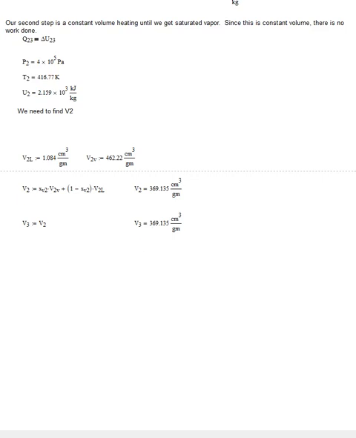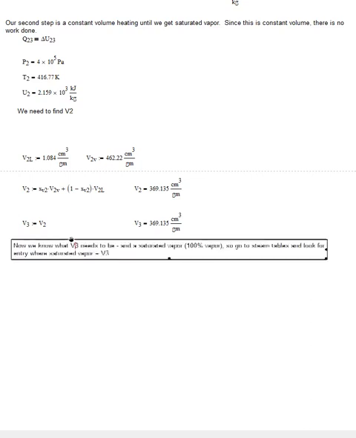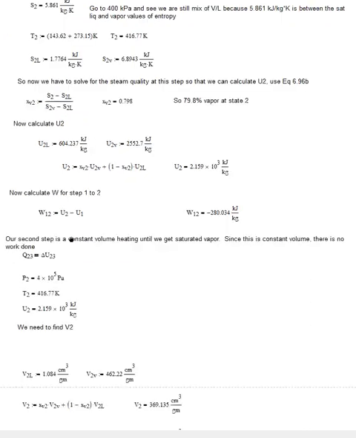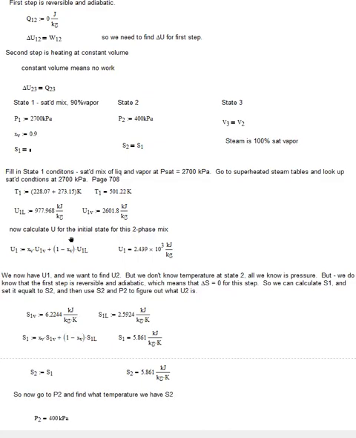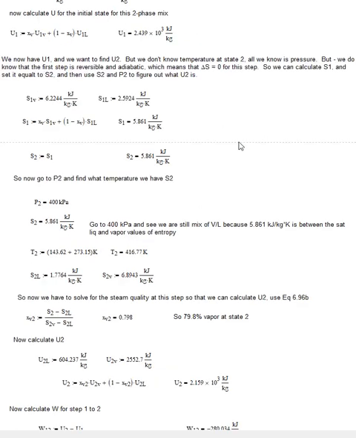The other thing that I know about state 3, when we tabulated everything, is that we don't know anything else. We don't know T, we don't know P, but we do know that it's 100% saturated vapor.